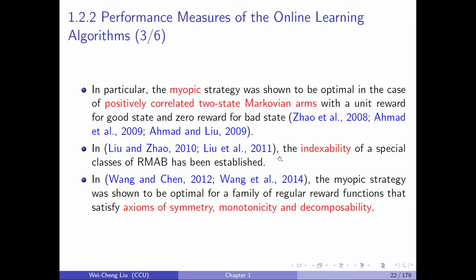We have used much time to explain the meaning of indexability. In Liu and Zhao 2010 and Liu et al. 2011, the indexability of a special class of RMAB has been established.